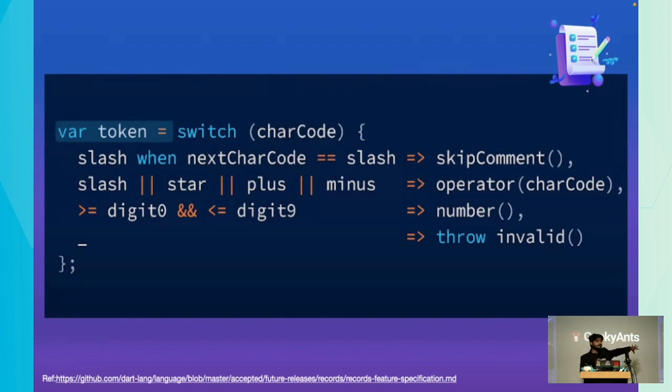One more thing, this is code for compilers. And if you have slash, star, plus, minus, do some operations. If it is a digit, greater than or equal to or less than or equal to some number, 0 to 9, then do some number operation.